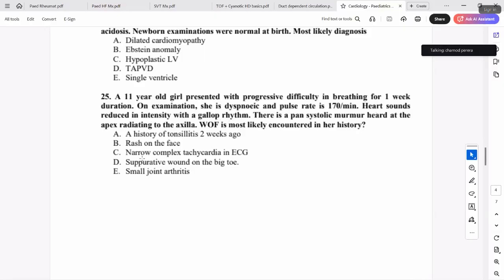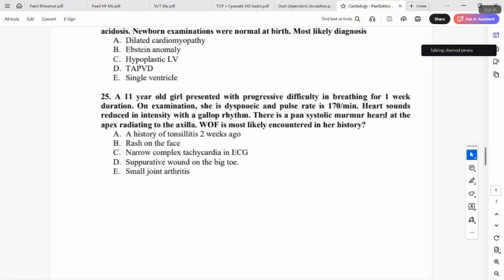But heart sound reduction in intensity, like we know S1 is reduced in mitral regurgitation, but reduced intensity is mostly suggestive of pericardial effusion, right? So as I mentioned earlier, patients with rheumatic fever have pancarditis. Here this patient has typical features of rheumatic fever.